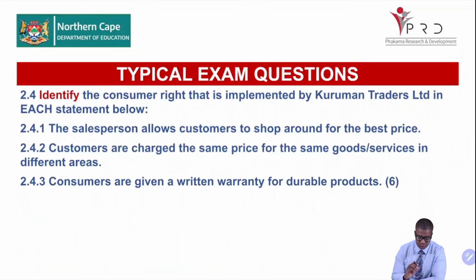Now, your responsibility is to identify the consumer right that is applicable according to the Consumer Protection Act. You have 2.4.1 that says the salesperson allows customers to shop around for the best price. So the consumer right that is applicable here according to the Consumer Protection would be the right to choose.